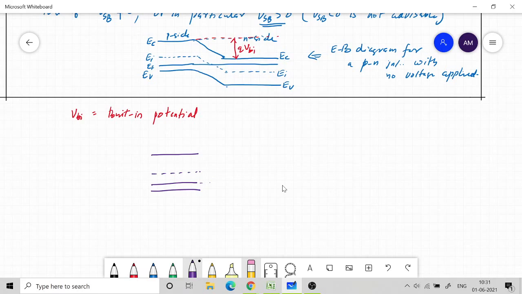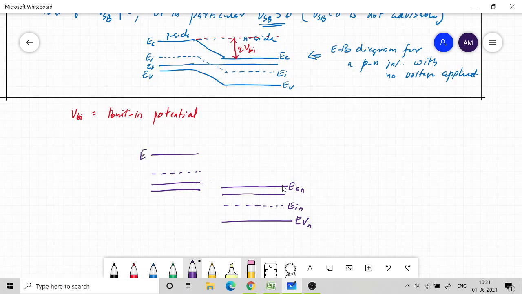Positive potential means the N side will go down in the energy band diagram, depending upon the amount of reverse bias. So this is going to be my new Fermi level on the right hand side. It was continuous earlier, but it has gone down. Then you have your EC here, EI here, and then EV here. So this is everything on the N side.